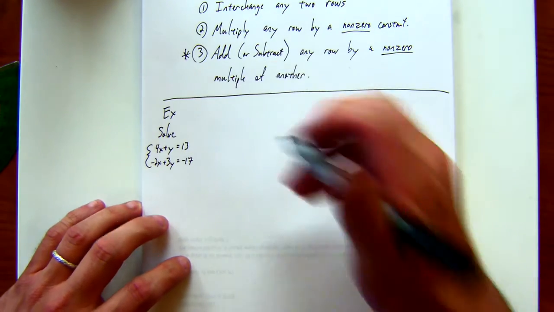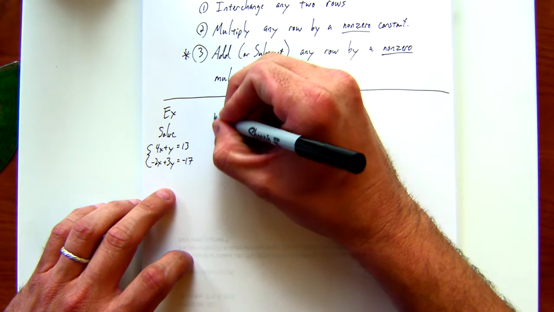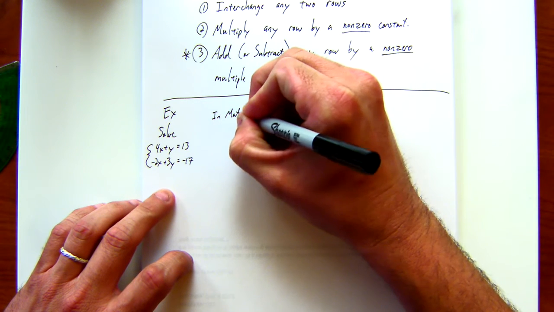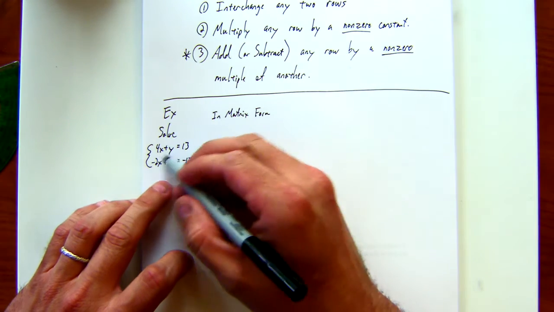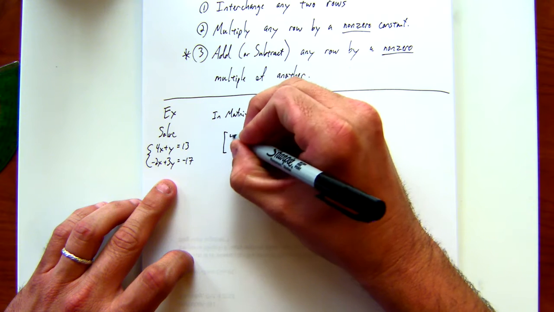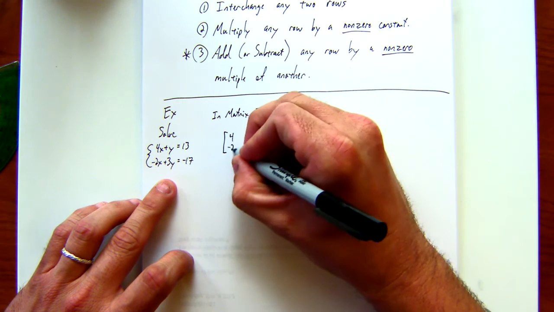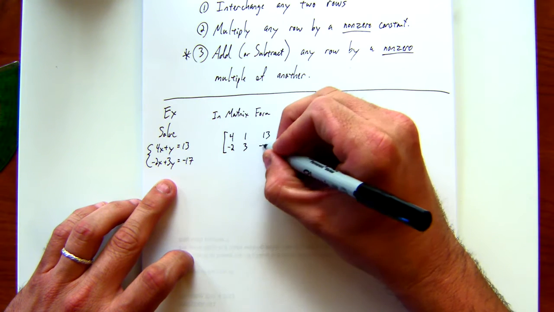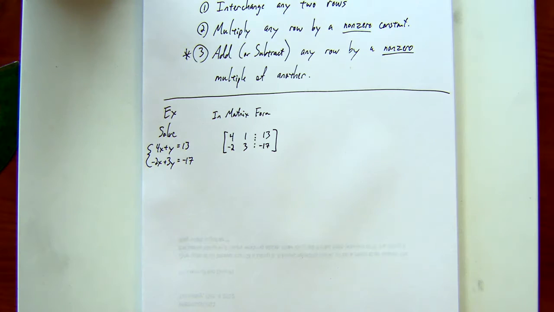The first thing that I want to do is rewrite it in matrix form. Well, it's already in standard form, so I don't have to worry about rearranging anything. So I'm going to have the matrix 4, 1, 13, negative 2, 3, negative 17.